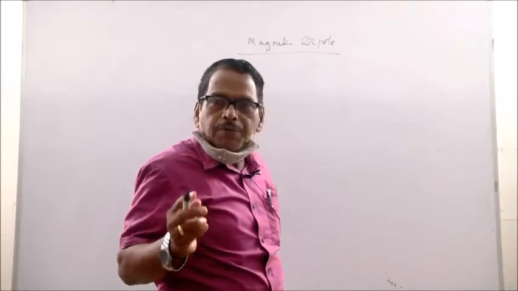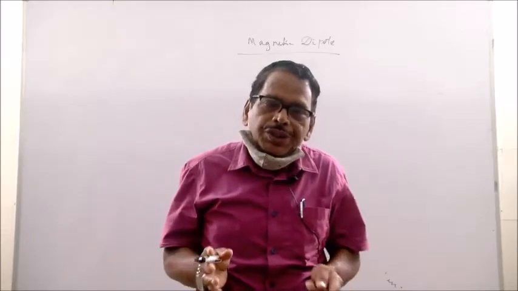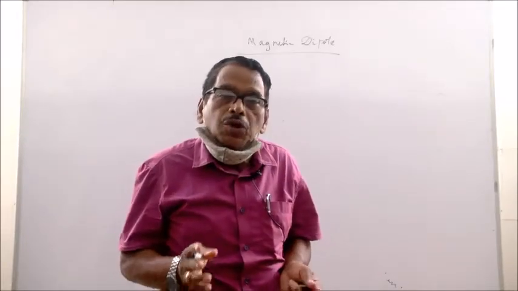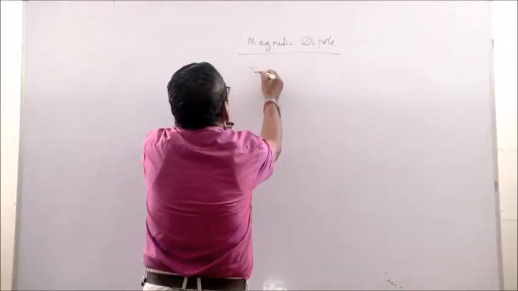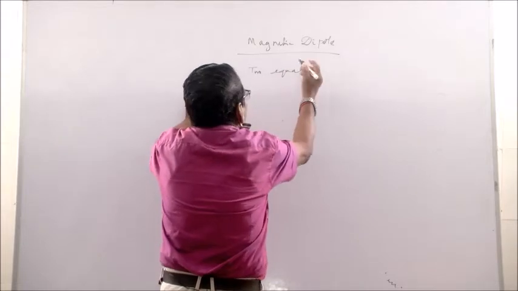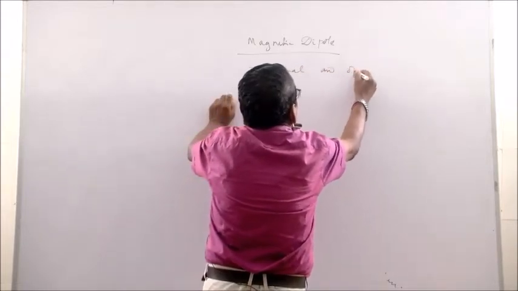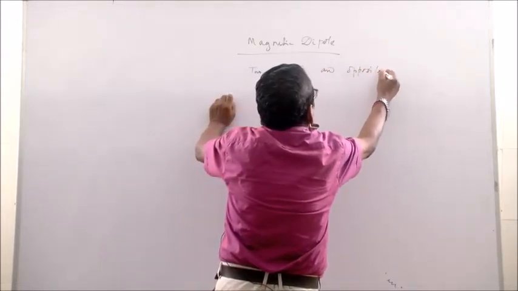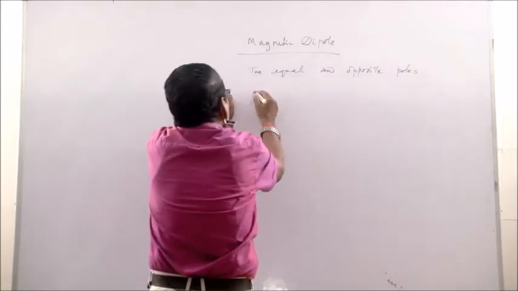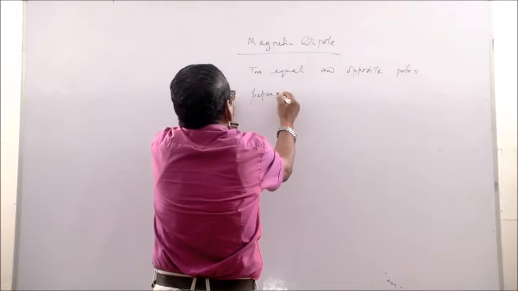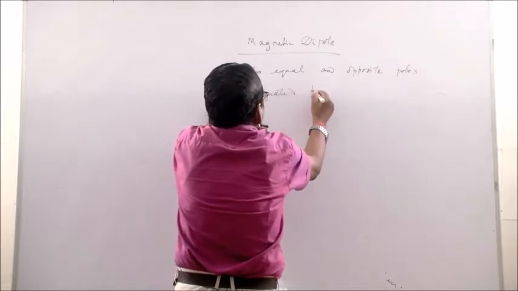A magnetic dipole: two equal and opposite poles separated by a small distance produce a magnetic dipole. Remember the definition, these are important definitions.